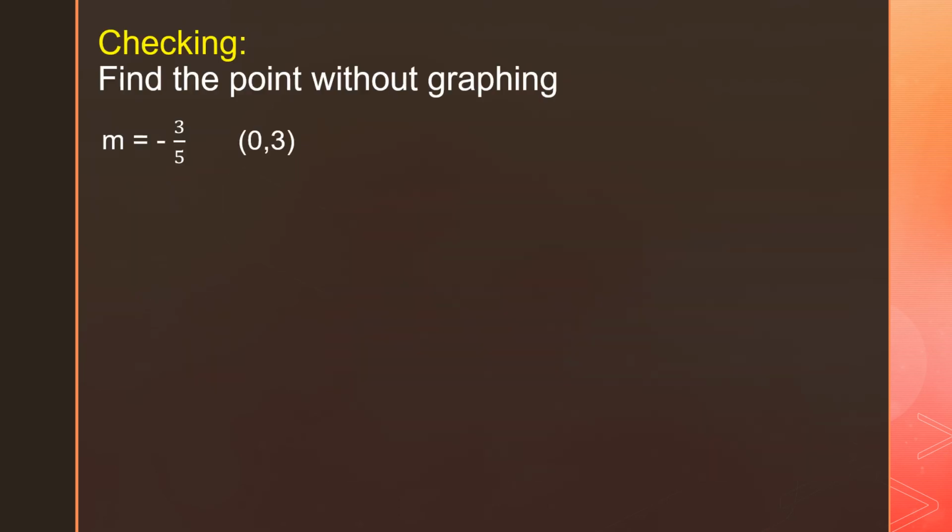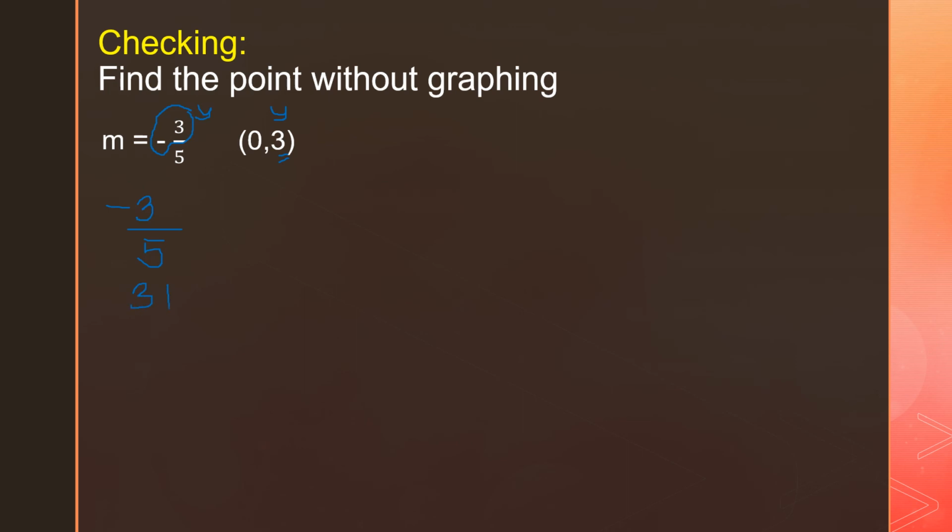Let us check again whether we had the correct points. So we have negative 3/5 as our slope, and the starting point we used was 0, 3. Let us consider negative 3 over positive 5 for this solution. Again, we have negative 3 for our change in y, and y in our ordered pair, that is positive 3. So let us add them.